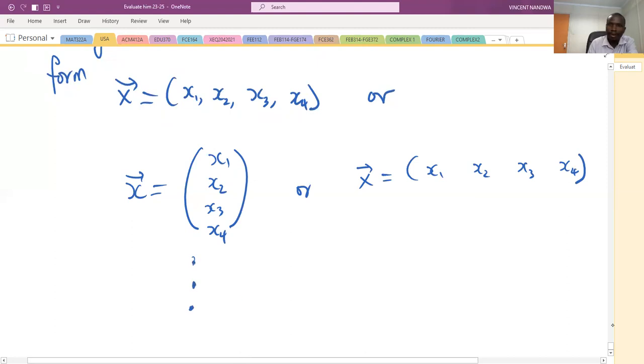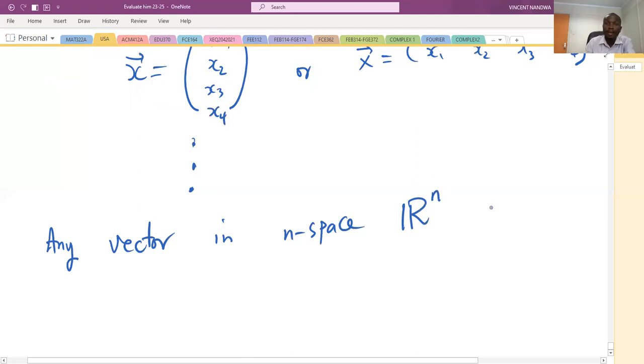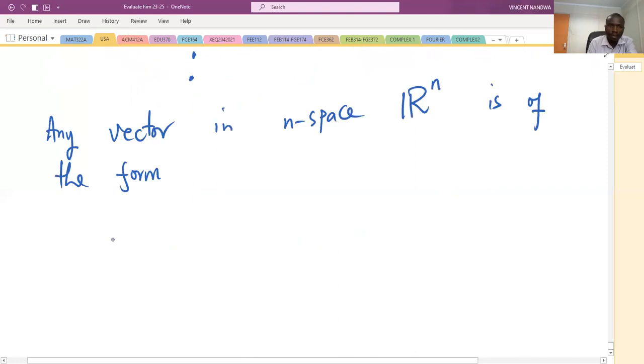And in the same manner, any vector in n space, that is Rn, is of the form x equals x1, x2, x3 up to xn.